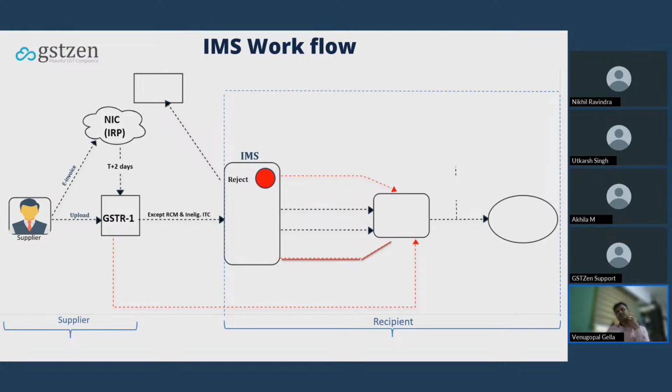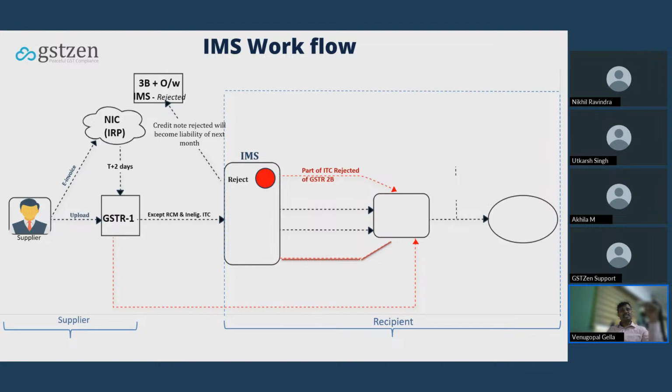IMS has four options. The first one is reject. So the recipient can reject an invoice. I said there is a connection to the supplier. All the transactions where accept or reject has been done are reported to the supplier.